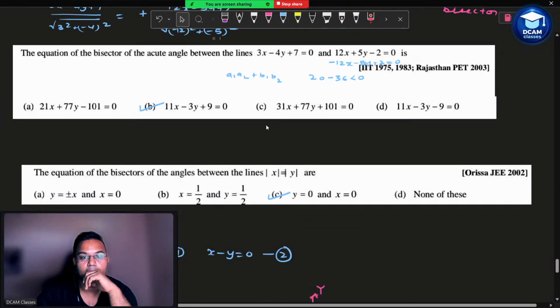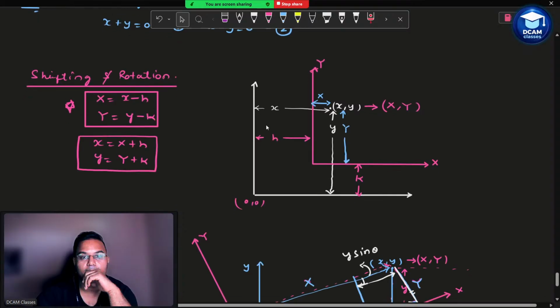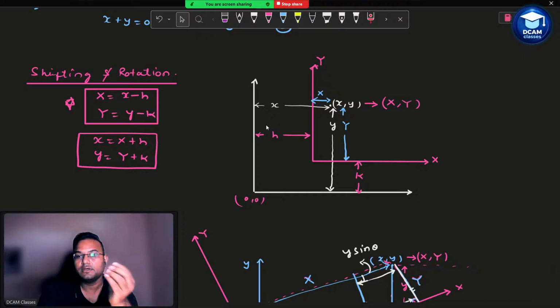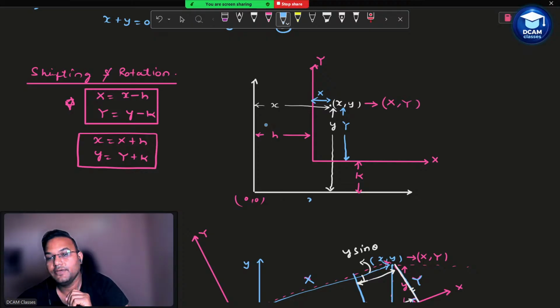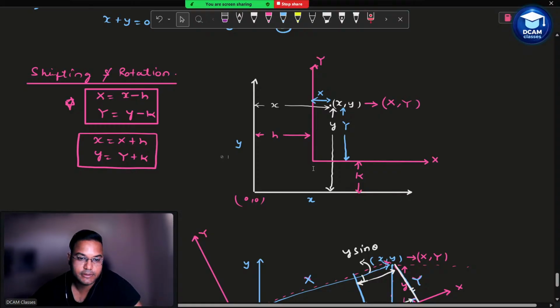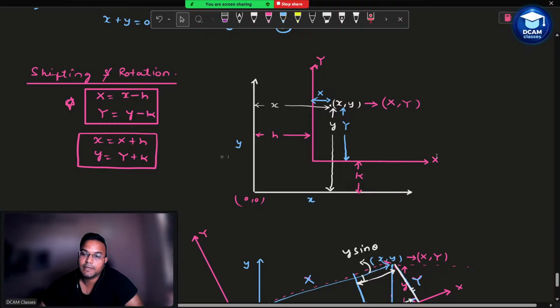Now after this, I have told the shifting and rotation. The shifting is what happens if there is a point in the coordinate system with x and y axis, and we shift our axis to some other point. Means the axis have been shifted to capital X and capital Y. With respect to this new system, what is the new coordinate of the small x, small y?